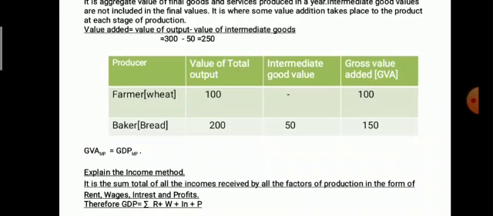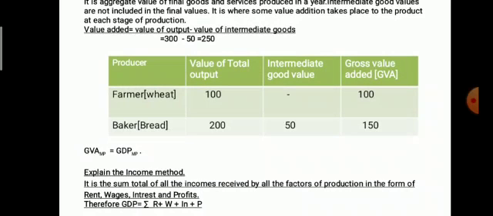Then the wheat is purchased from the farmer by the baker, who wants to convert the wheat into bread. When the baker converts the wheat into bread, the value of that total output turns out to be 200, and in that the intermediate good value is 50.